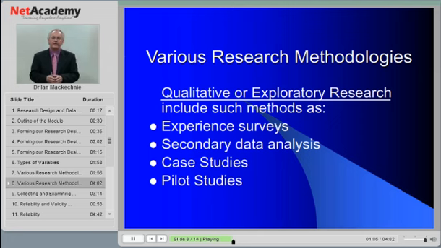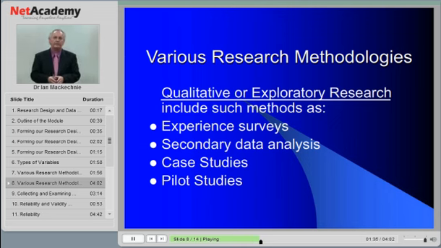Qualitative research normally is not about trying to find a cause and effect situation, it's just trying to explore and make sense of what is going on in a particular situation and to understand the variables which might be involved. Secondary data analysis is also another qualitative way of trying to make sense of the situation, taking perhaps a mass of information and statistics and trying to find some sort of pattern to them.